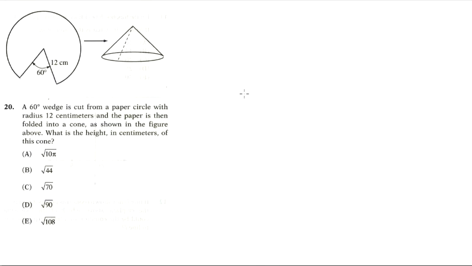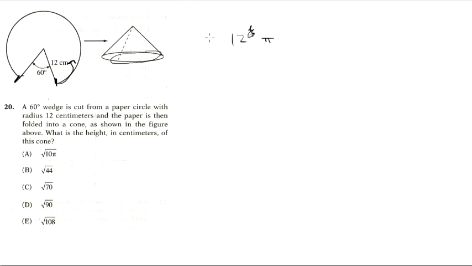Alright, so this is kind of a tricky problem. The circumference here is going to be the same as from here around to here. Okay, so the circumference of the big circle is going to be 12 squared pi. No, that's the area.